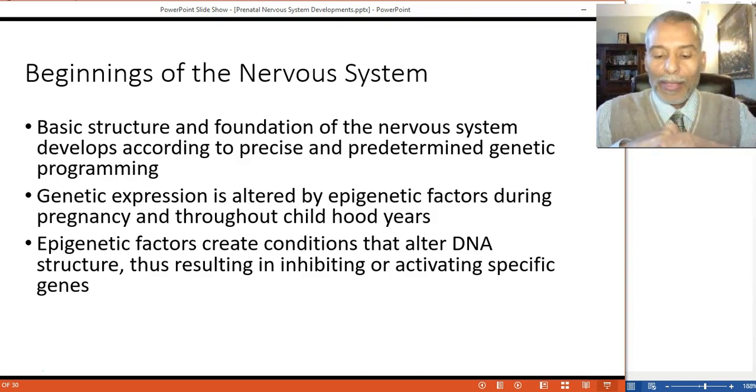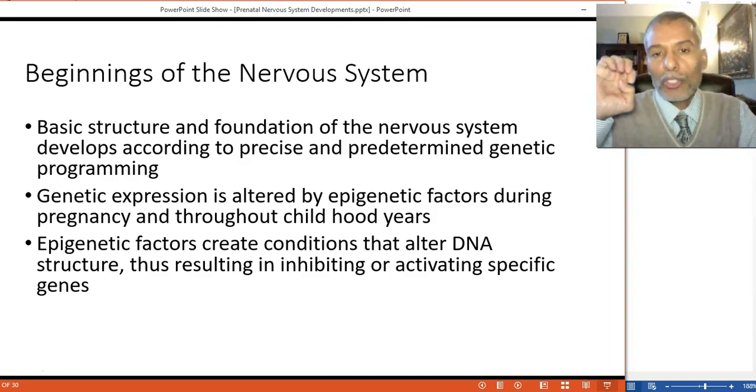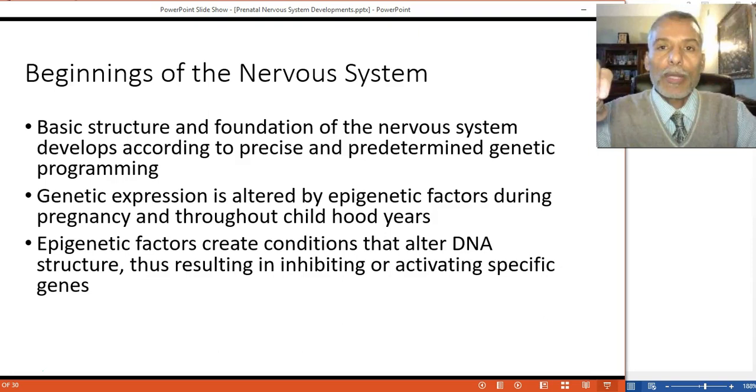It should be that we have a genetically predetermined structure, construction, and it is left in draft form until the baby comes to life, when the baby is born.